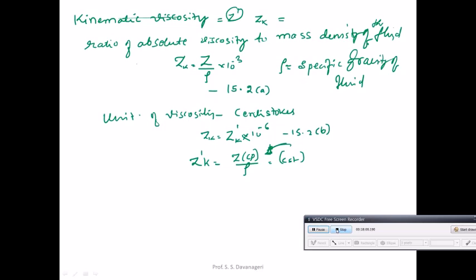Let us see how we can calculate it. Z in centipoise divided by rho, you are going to get centistokes here. That is, if the absolute viscosity is in centipoise, you can calculate the kinematic viscosity in centistokes. Now this is about viscosity.